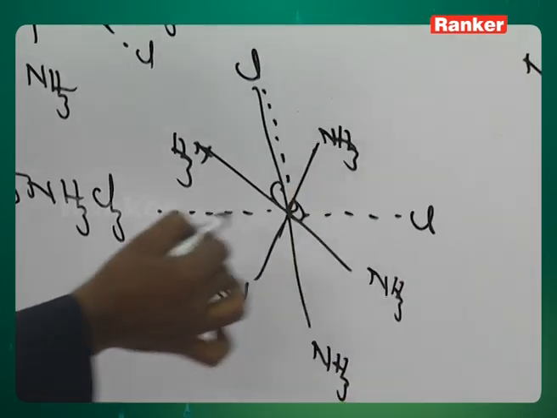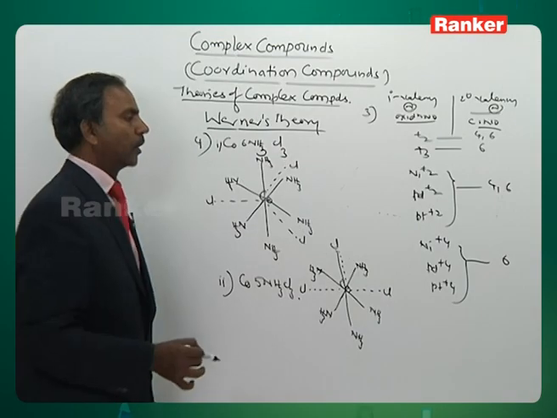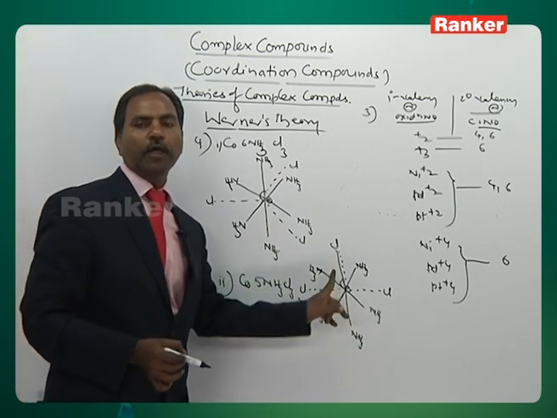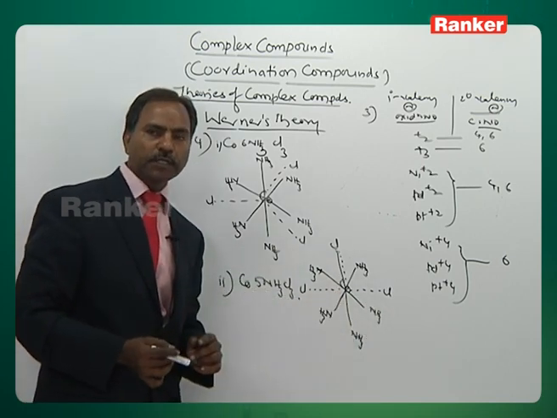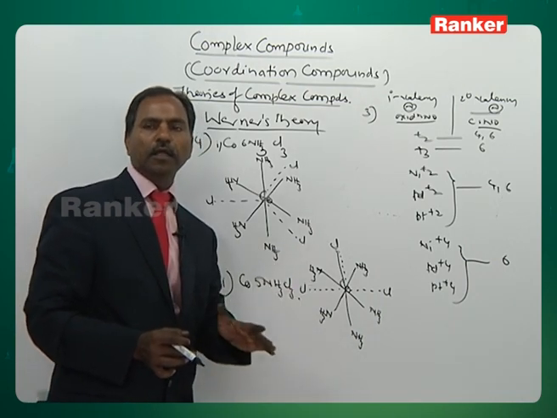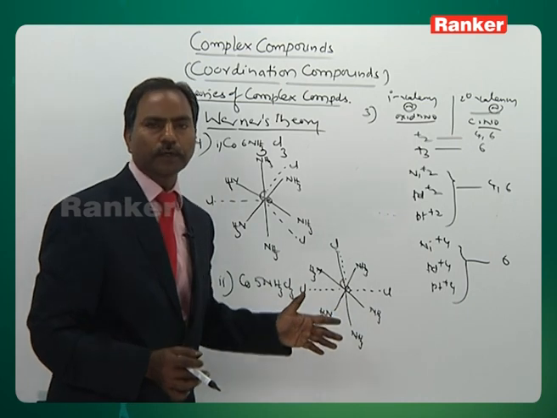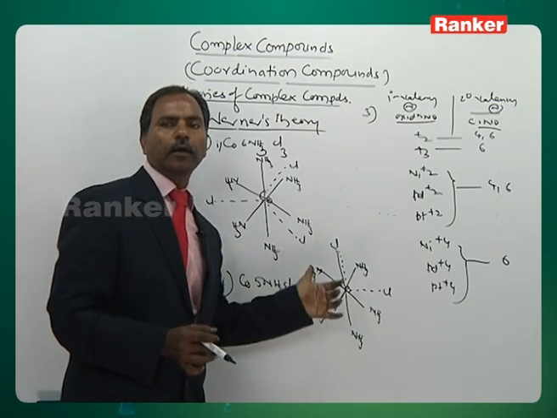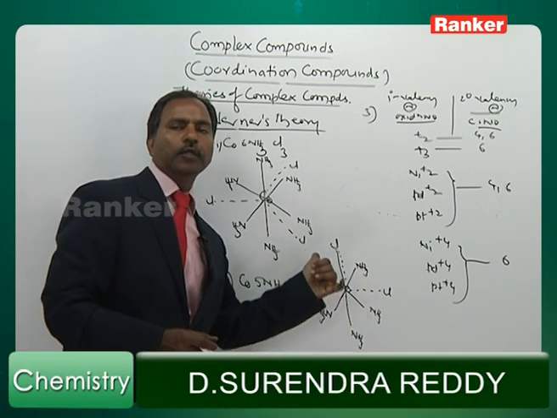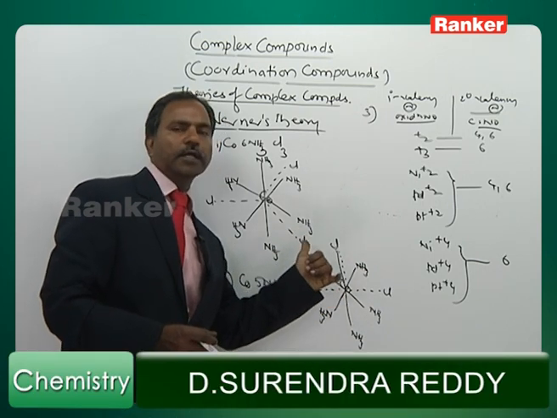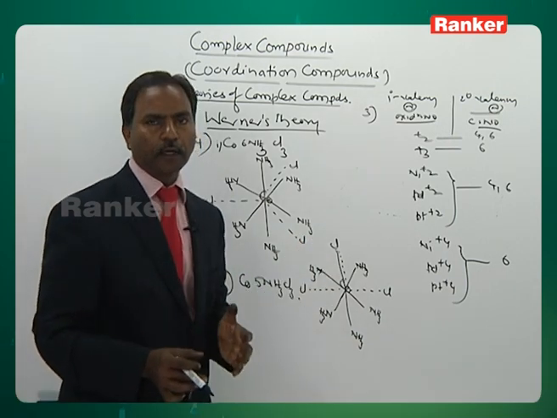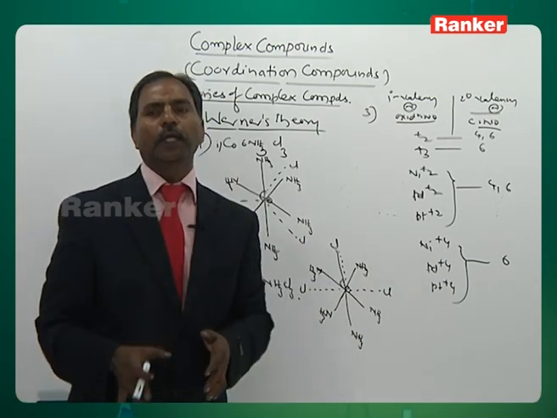The primary valencies are shown only by dotted line. These 2 are satisfying primary valencies, 5 amines are satisfying secondary valencies, and one ligand is satisfying primary and secondary. Such a ligand is shown by a dotted line and solid line. The ligand which satisfies both primary and secondary, shown by dotted line and solid line, is said to be a dual ligand.